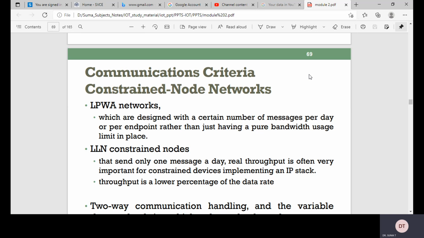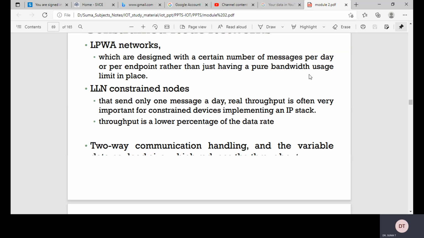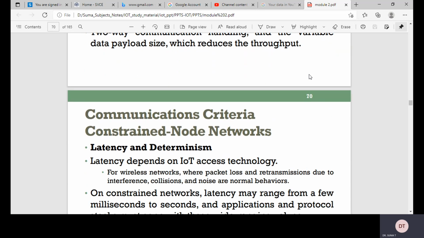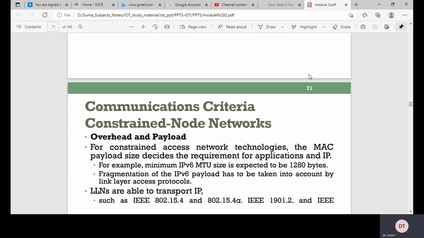So for technologies that fall under lossy networks and constrained nodes, there is two-way communication handling.